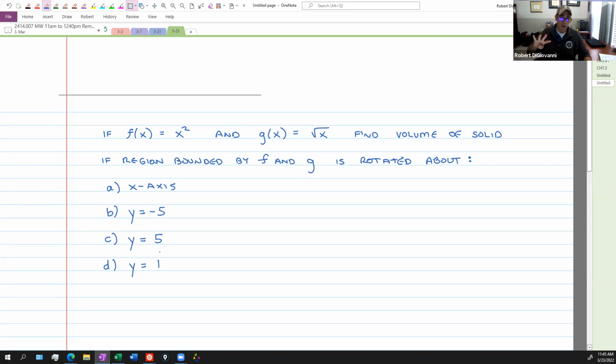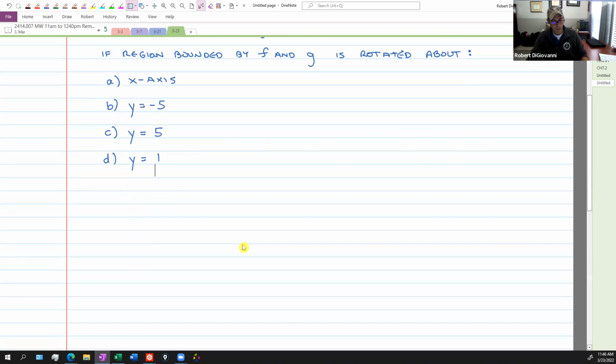So we have 4 problems. We're going to find the volume of 4 different solids. Each one is generated by taking the region bounded by these 2 curves and rotating around one of these 4 lines. Notice these are all horizontal lines, right? Okay, let's do it.